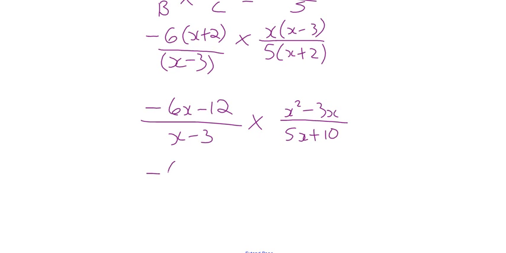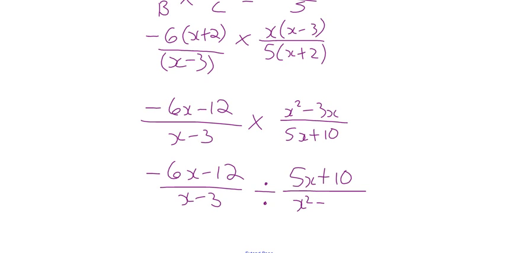So now I got to flip this. Okay, there you go. That is a rational expression whose quotient will equal negative 6 over 5.